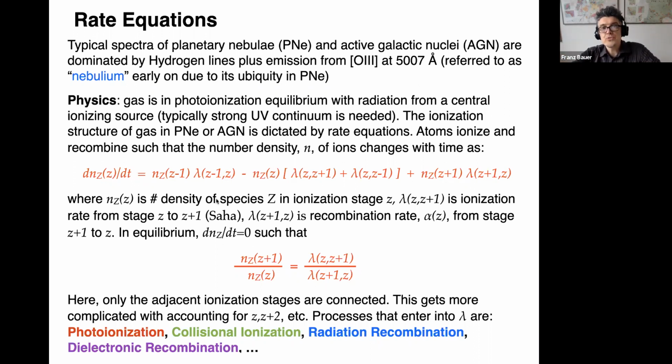And this could be due to the fact that your central source is varying. You have a variable source, and so obviously that's going to change, if you have a Strömgren sphere, the radius of the Strömgren sphere and so forth. So this connects adjacent stages. And so you'd have to do this for each ionization stage, right? So each ionization level.